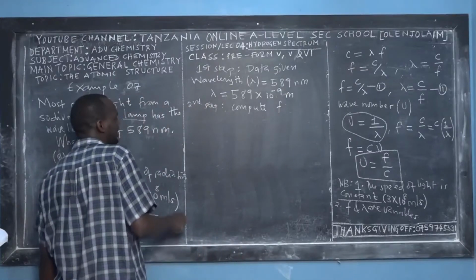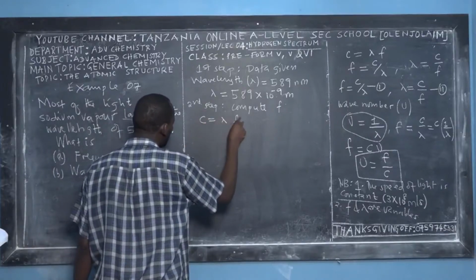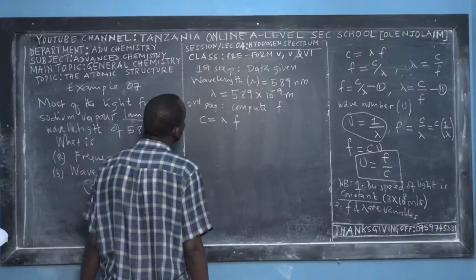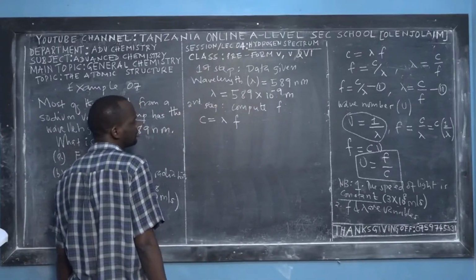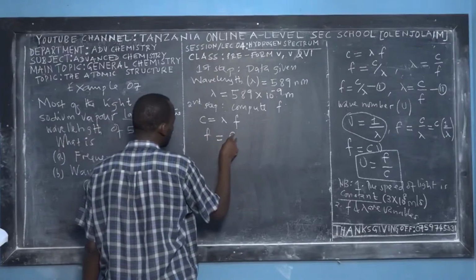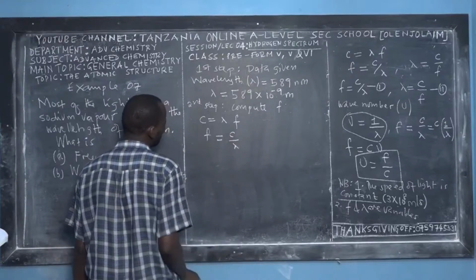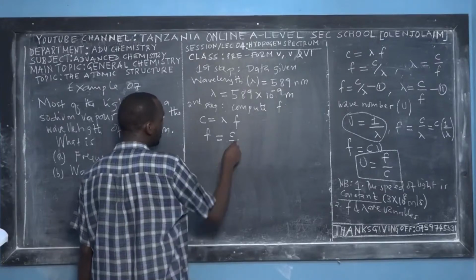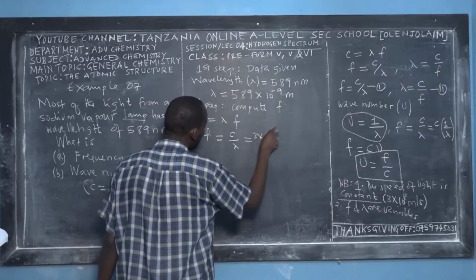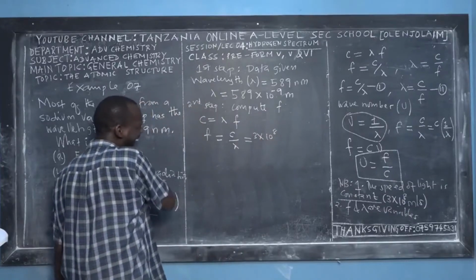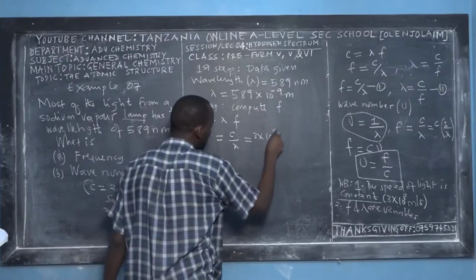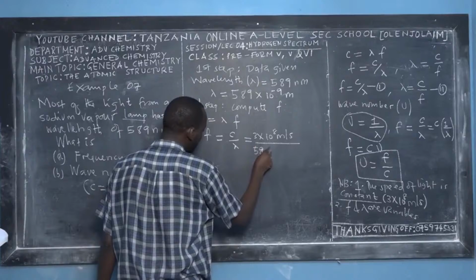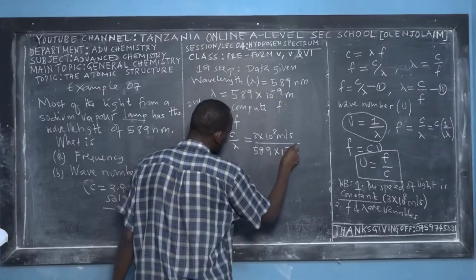C, the speed of light, is equal to wavelength times frequency. We are given the wavelength, and we have to compute the frequency, so frequency is equal to C over wavelength. So the frequency is equal to 3 times 10 to the 8 meters per second over 589 times 10 to the negative 9 meters.